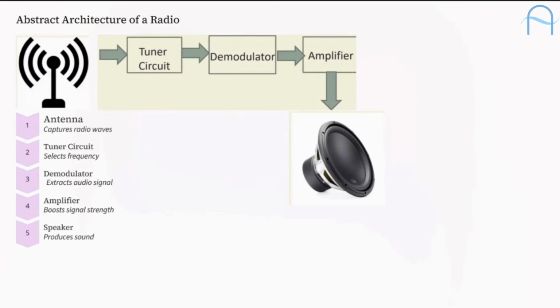And then in the case of a radio, there's a message signal, which is also an electromagnetic signal, which is made to ride on top of a carrier signal, which is also an electromagnetic signal. And then there's a special electronic circuit called a tuner circuit, which can resonate with this carrier signal, tuned to that frequency, and then you pick it up. Then you demodulate it, tease apart the message signal, amplify it, and feed it into a speaker, and you get the sound.